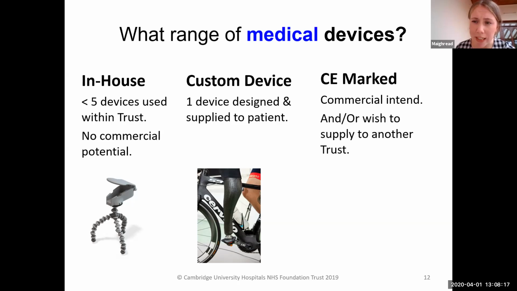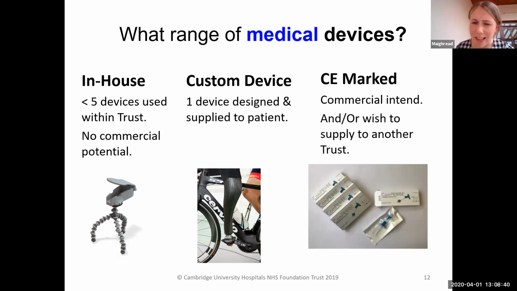And the third type is a CE mark device. This is where we do see commercial intent for a device, and we would in the long term want to commercialize it. This also applies if we wish to supply a device to an external trust; it then also has to go through this process.